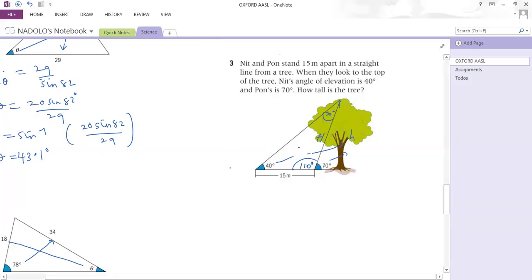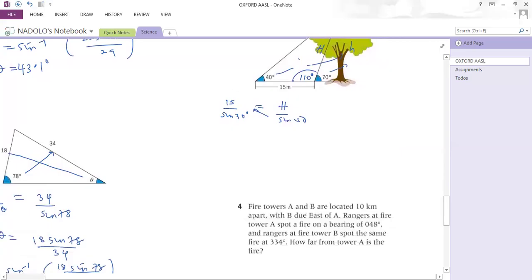So let's use the sine rule, which says that 15 divided by sine 30 will be equal to H divided by sine 40. So for you to obtain H, you multiply and put it on the other side. So H will be equal to 15 over sine 30 times sine 40.